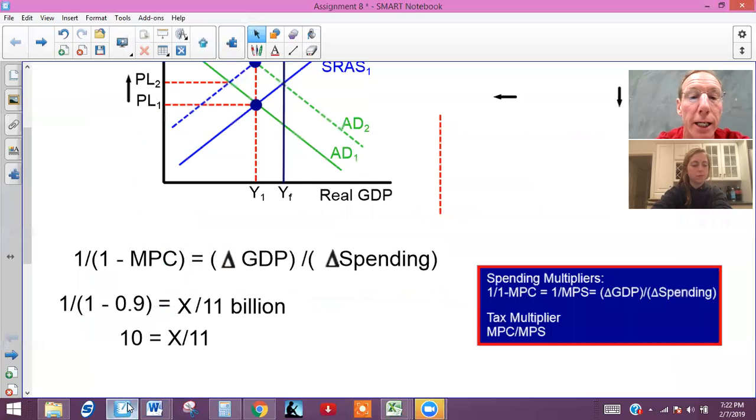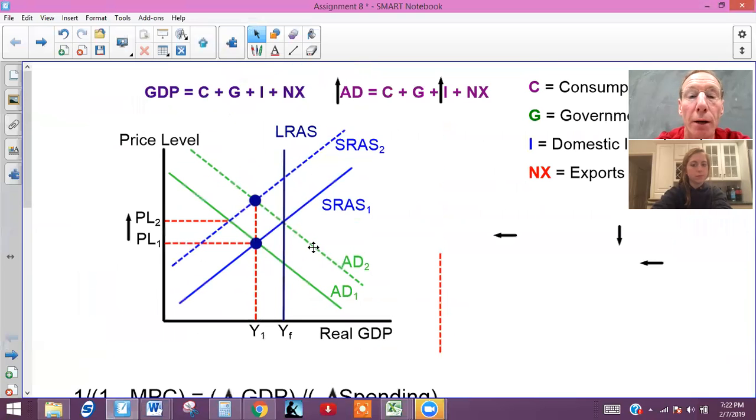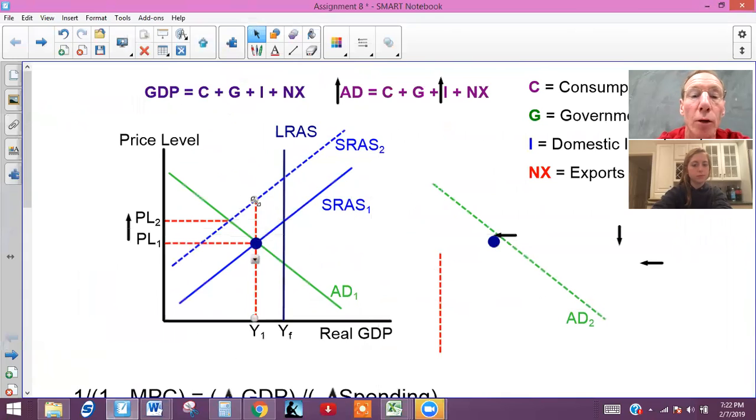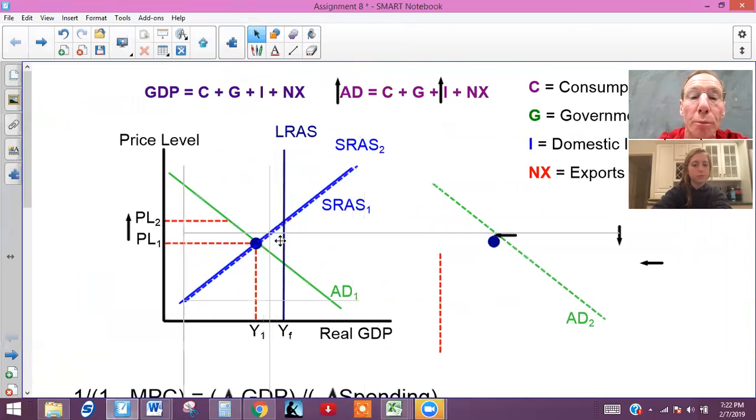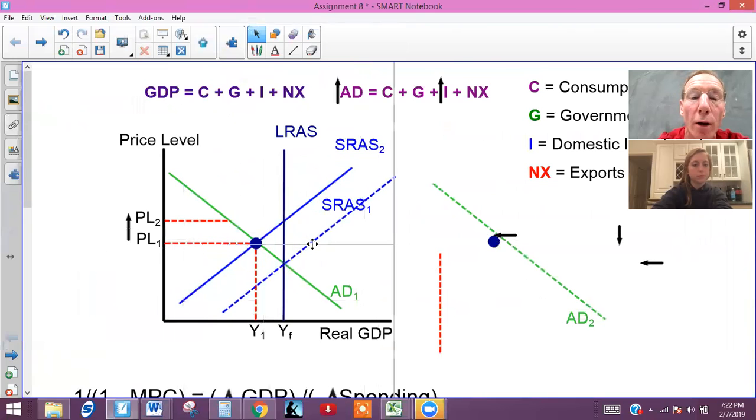So if we take the aggregate demand out of what we're talking about here, and we're here, what's going to bring us to full employment in the long run is a rightward shift in aggregate supply.